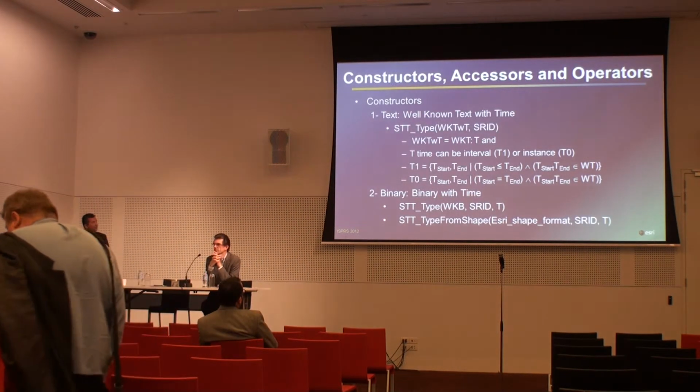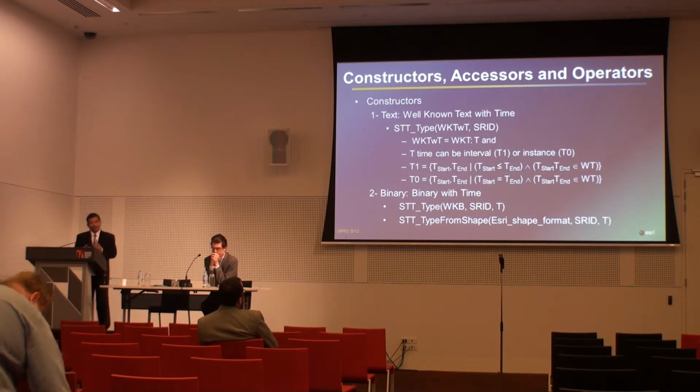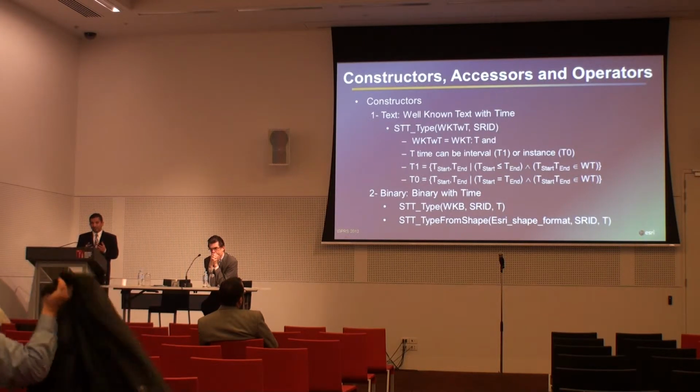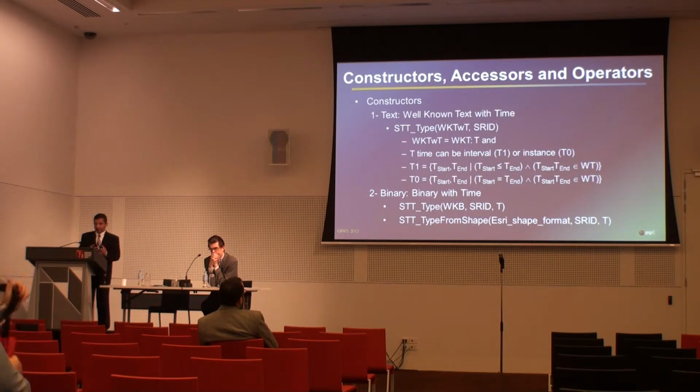This SRID comes from a well-defined coordinate system. As I mentioned earlier, the type consists of three parts: constructors, accessors, and operators. There are two types of constructors provided for this type: a text-based constructor and a binary constructor. For example, STT type is a text-based constructor where you specify the WKT with time.